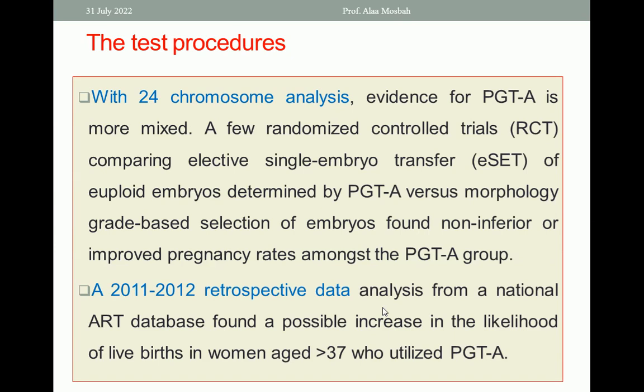I mean, with the use of analysis for 24 chromosomes and use of single embryo transfer, when we discussed some studies, we found that if we choose the embryo according to the morphology grade or PGT-A test, more or less they are equal.